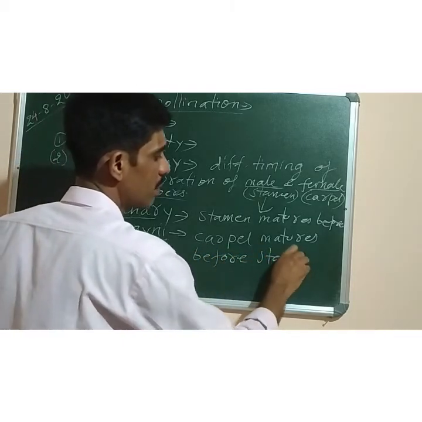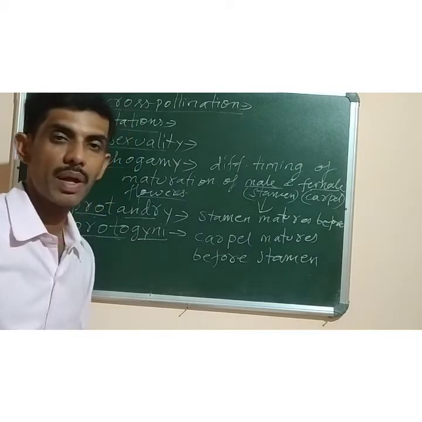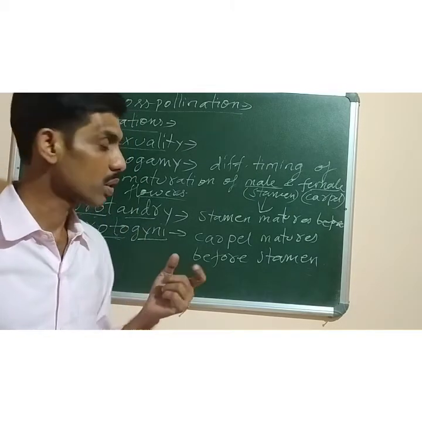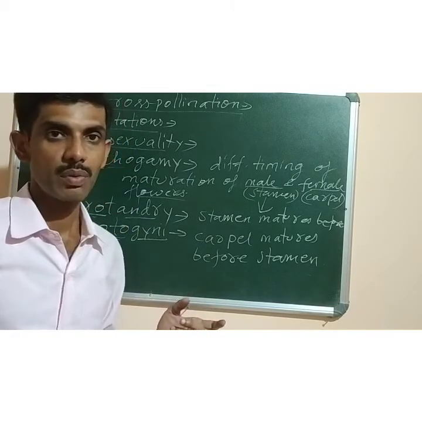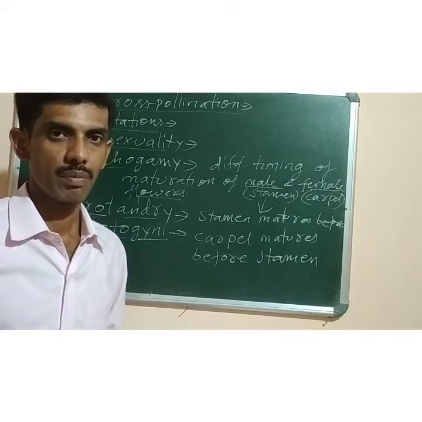Means the female part will be matured first and the stamen or the male part is not matured first. So if both are not matured first, it will not help to bring about pollination.